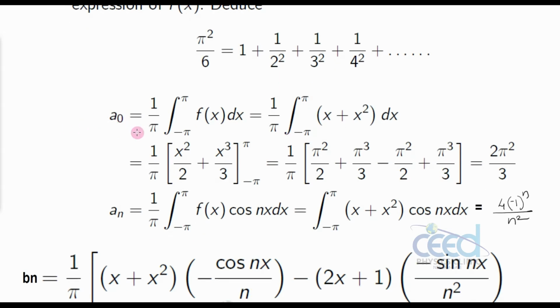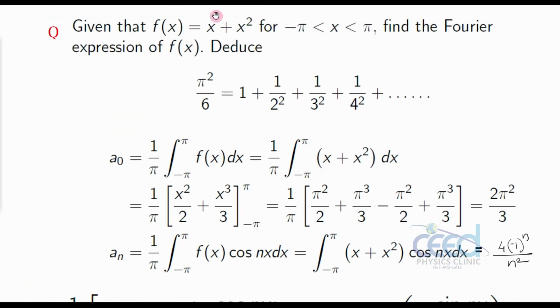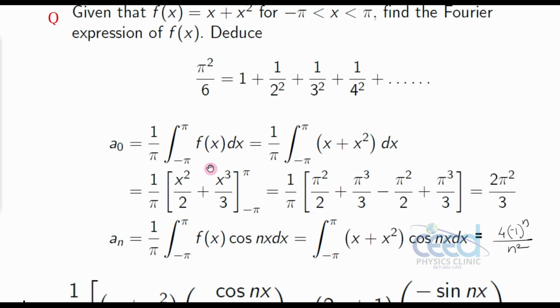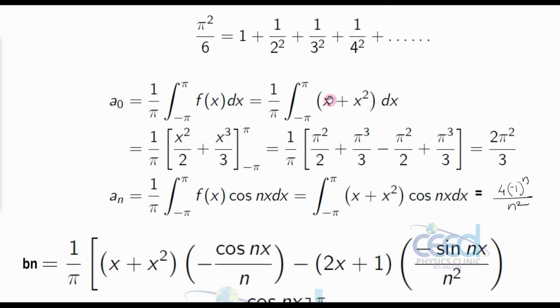What is a0? a0 is equal to 1 by pi integral minus pi to pi f of x dx, that is 1 by pi integral minus pi to pi x plus x square dx. F of x is given in the question, and the interval is also given, so we need not split into two intervals, because it is minus pi to pi, as in our usual expression. So you can directly substitute.